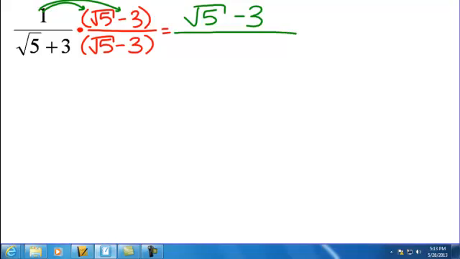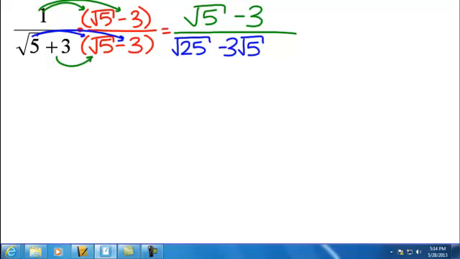Now on the bottom there's a little more work involved because we need to double distribute. The square root of 5 times the square root of 5 is going to give us the square root of 25. Square root of 5 times negative 3 is going to give me negative 3 root 5. And now here's the part where we can check to make sure that our conjugate worked.